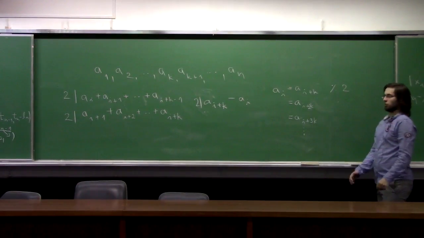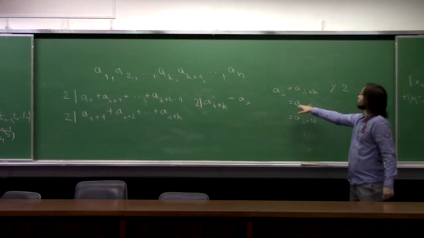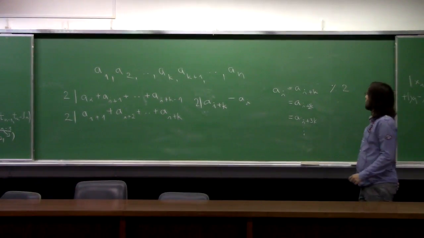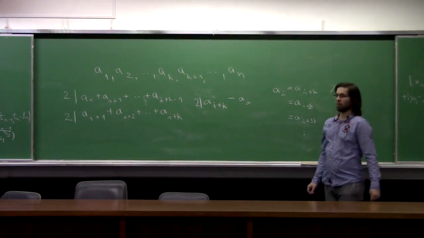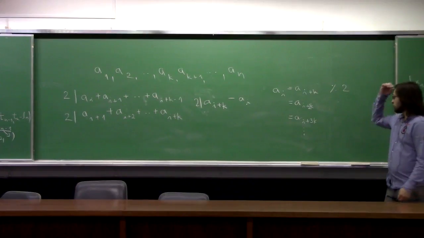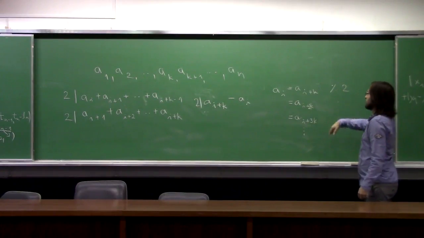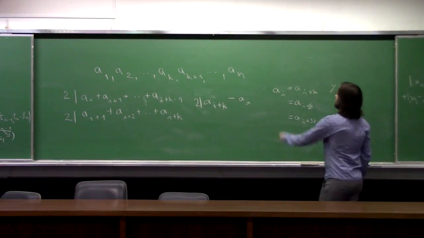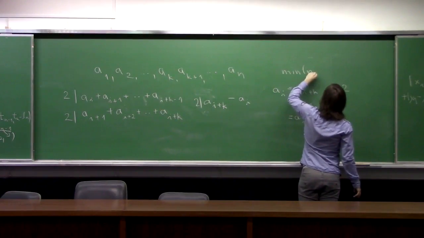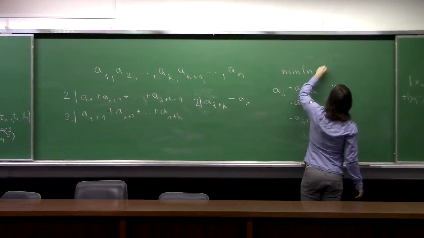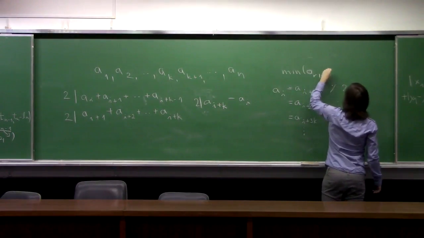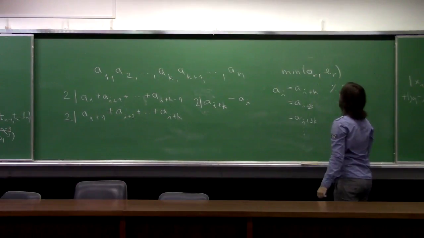So we can group the numbers by the remainder of their index modulo k, and for each remainder all those numbers have to have the same parity. So for each of these remainders we need at least the minimum of odd and even.